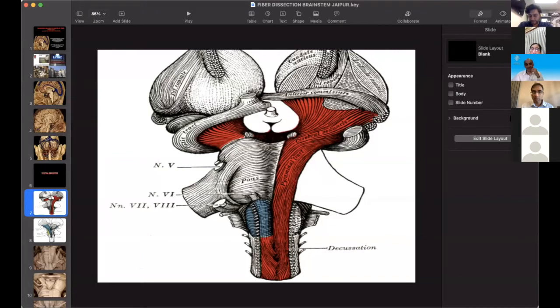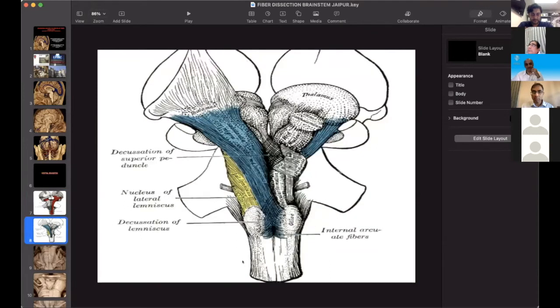The pons has a lot of transverse running fibers, and in between there is a longitudinal running efferent pathway, the motor pathway, which is very critical, and we have to understand how it is related to other structures, so we can enter through some safe pathway to deal with the pathologies which are intrinsic to the brainstem. You can see cerebral peduncle, pyramidal tract, then there is decussation, and then it goes to the lateral part of the spinal cord.